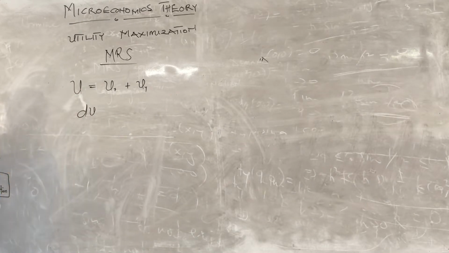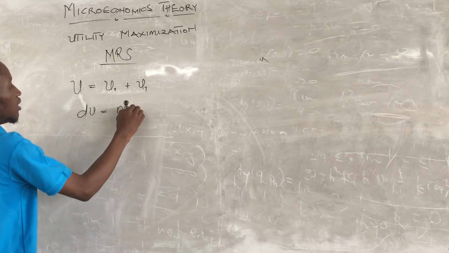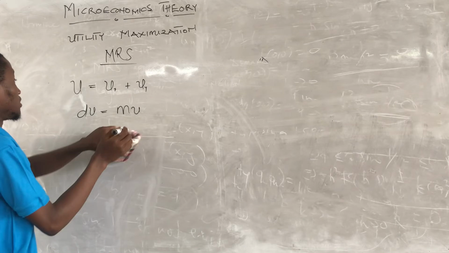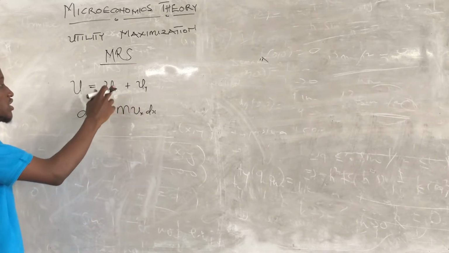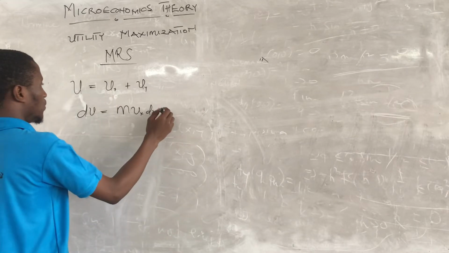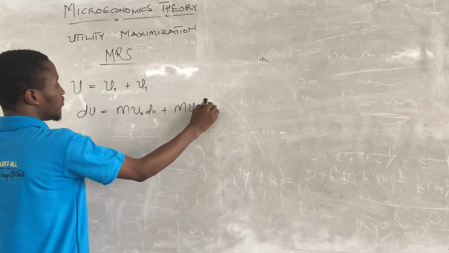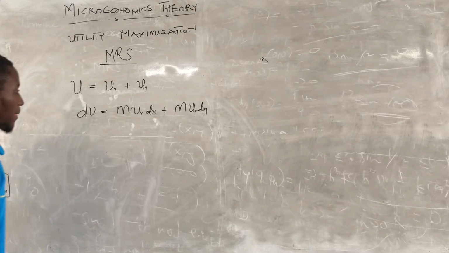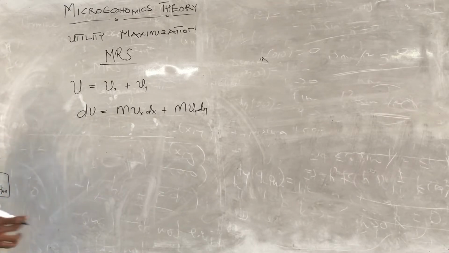So we have MU. We are differentiating U with respect to X, so MUx dx. And then we have MUy, which we differentiate with respect to Y. Now, the first derivative, it is for minimum or maximum.